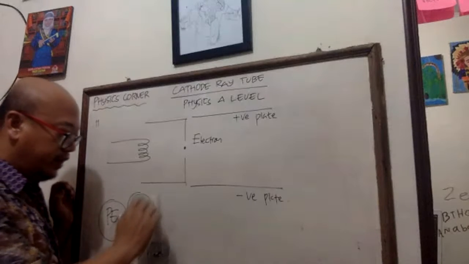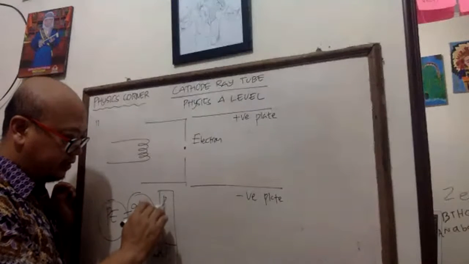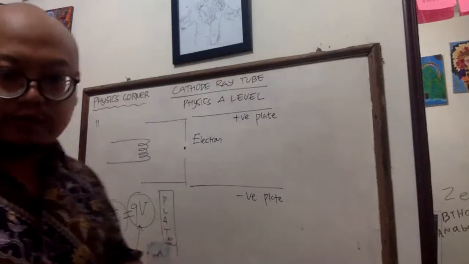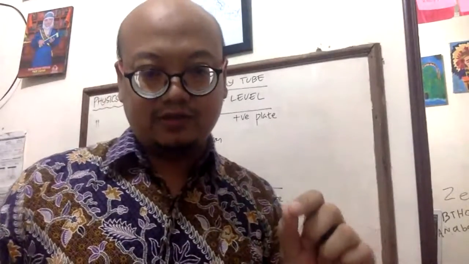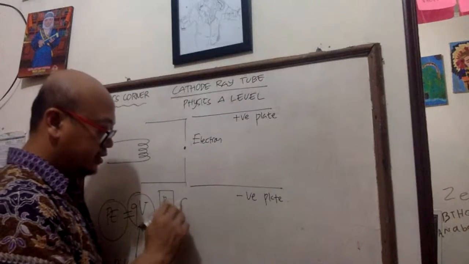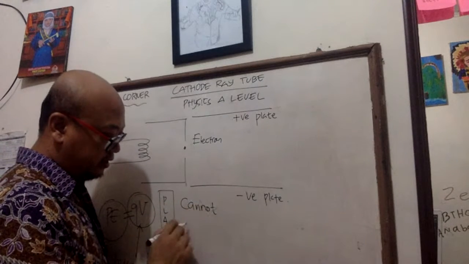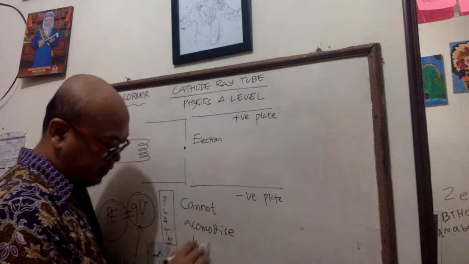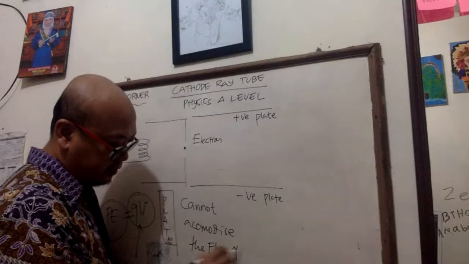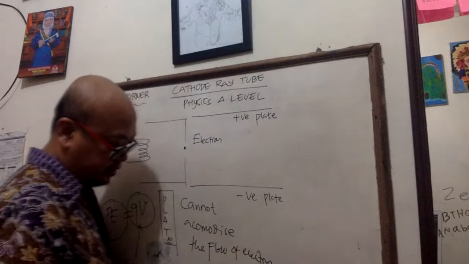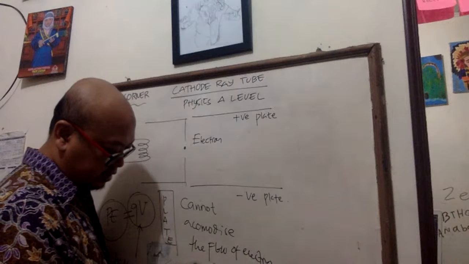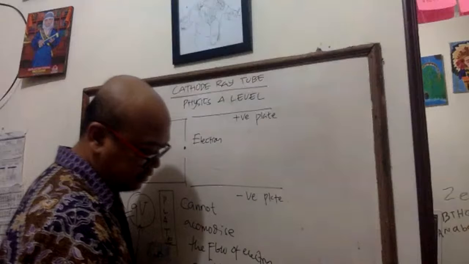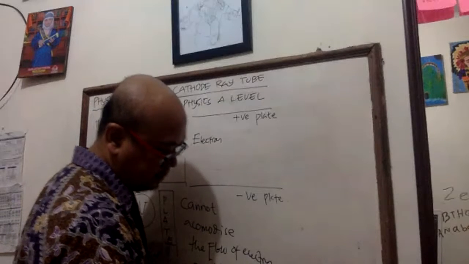So when the plate or filament or something cannot accommodate the flow of electrons, it makes an electron gun.